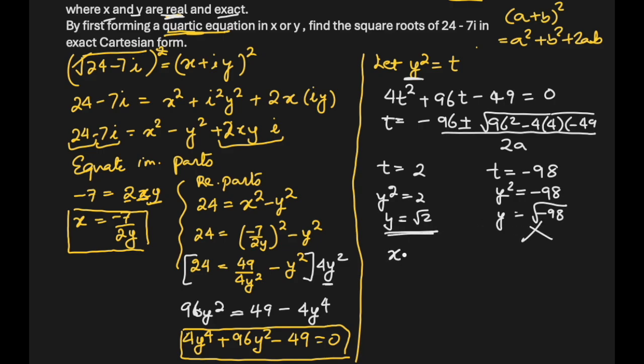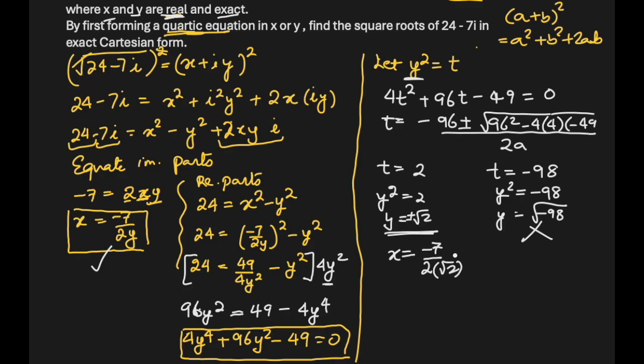What about x? x is this one, which is minus 7 over 2y. y is square root 2. By the way, it is not square root 2 only, it is plus and minus square root 2, when you take the square root, plus and minus both.